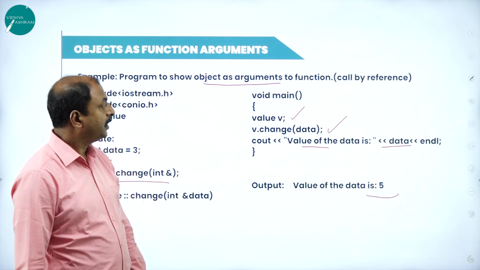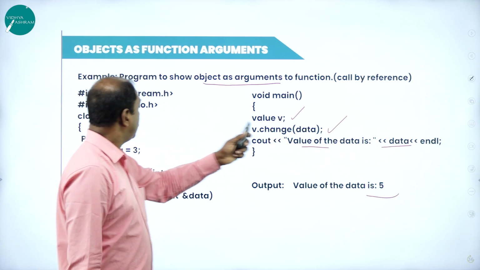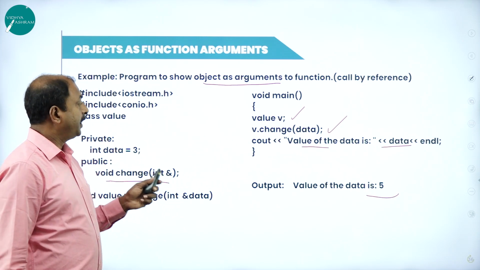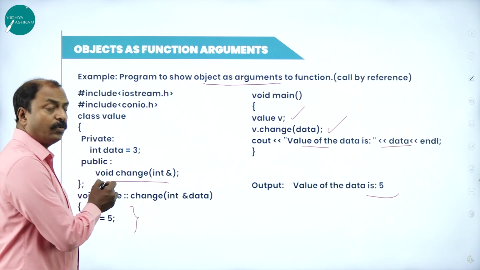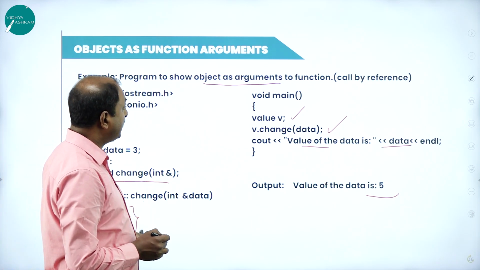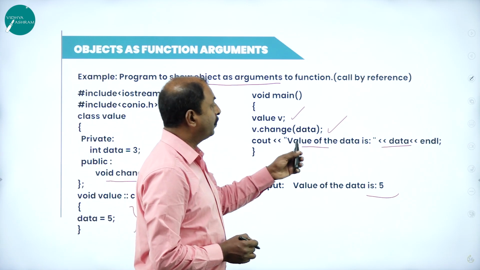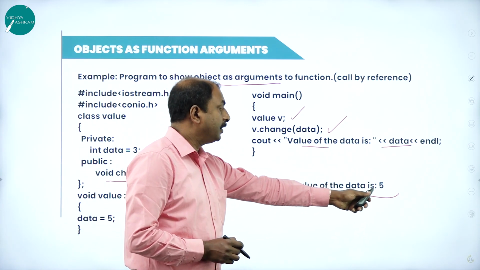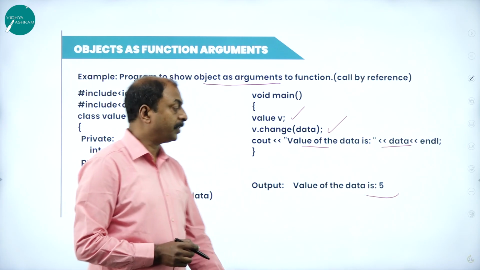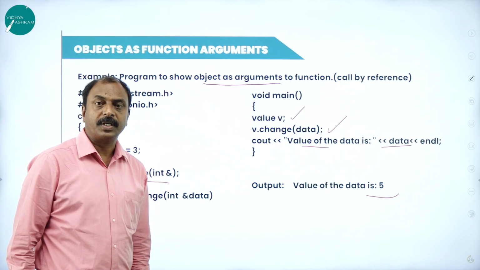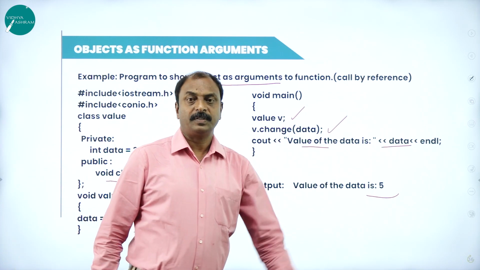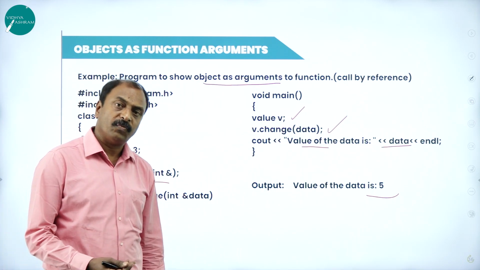Since the address of the data is passed, it has an effect on the original value. Any changes made inside the function, here the change to 5 inside the function, have an effect on the original value. So the next line is going to print the latest value stored in the variable data. So this is an example program to show the working of the call by reference method or pass by reference method.